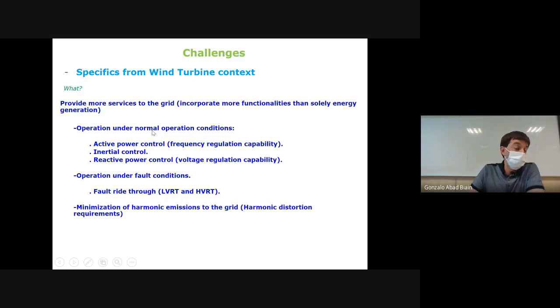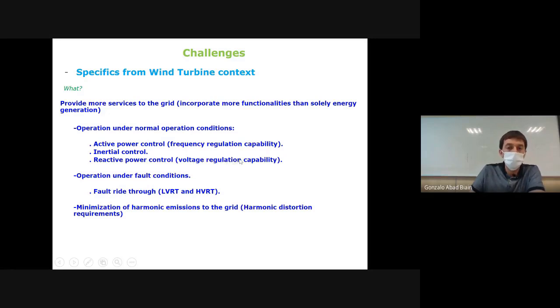In operation, this is how the grid codes divide them. Under normal operation conditions, we are asking for frequency regulation capability and inertia control. This is not yet a reality, but in some countries, they are starting to demand it.